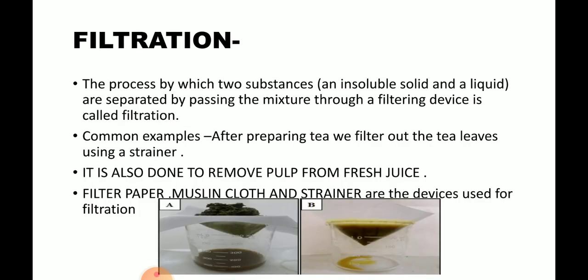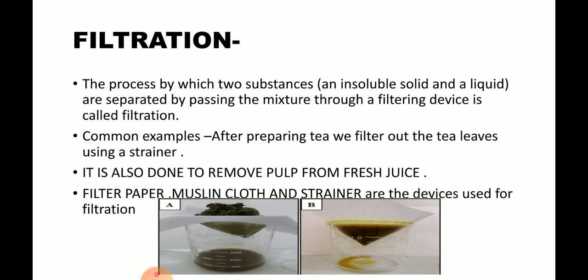It is the process by which an insoluble solid and a liquid are separated by passing the mixture through a filtering device. With the help of any filter, we can separate these things.